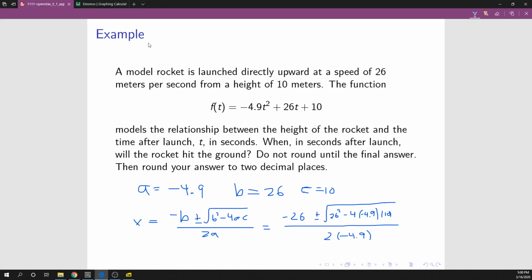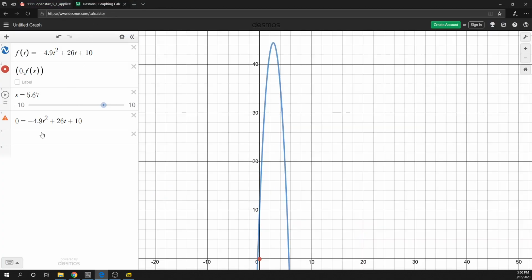Let's see if I'll do that in decimals first. So it's negative b, right? Negative b plus or minus, so I'm going to have to do this twice.